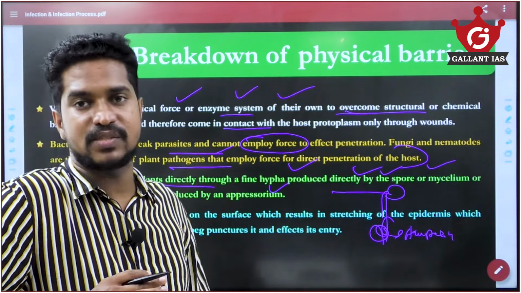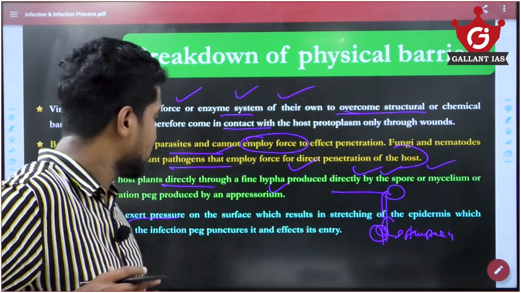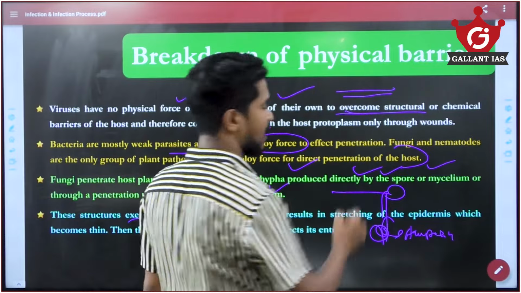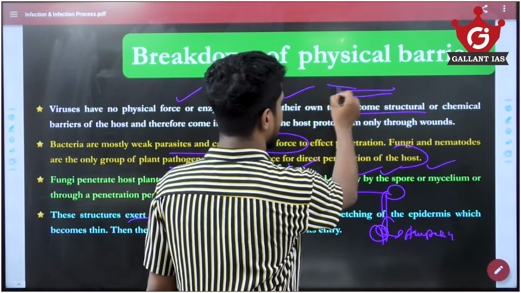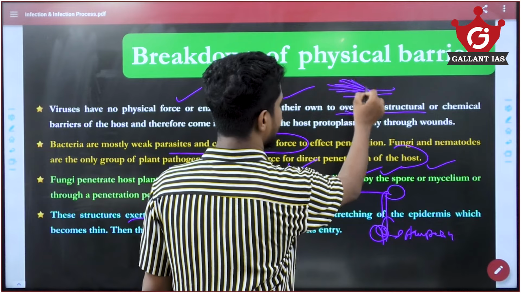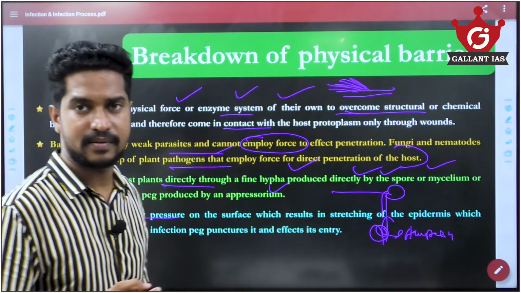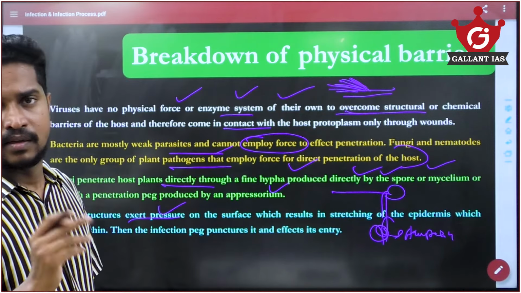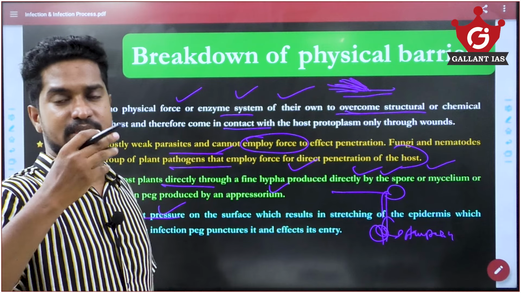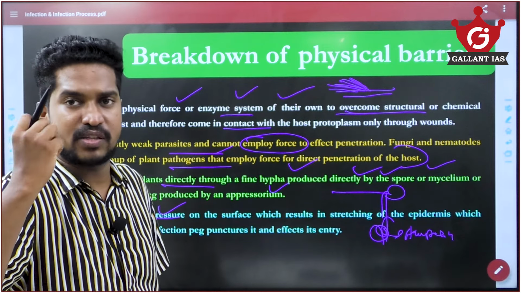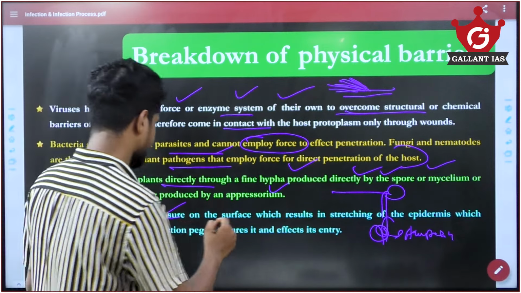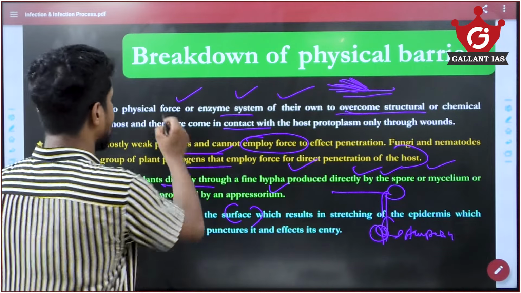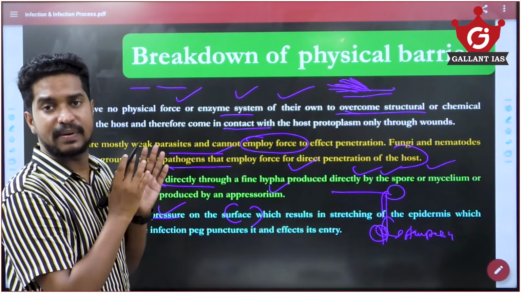If this is the host plant surface, and here are hyphae formed on the host plant surface, then this germ tube, penetration peg, appressorium and haustoria will exert pressure on the surface.